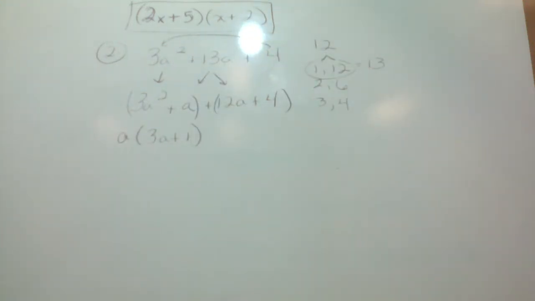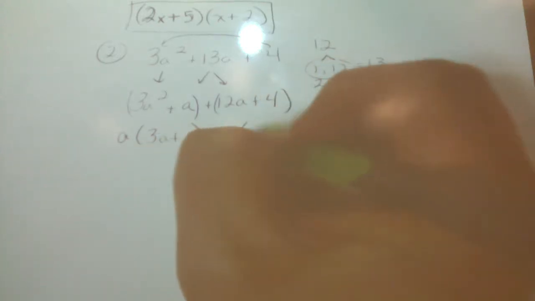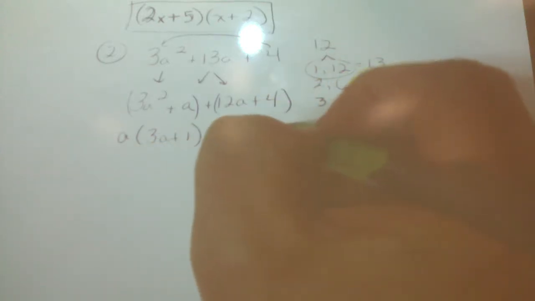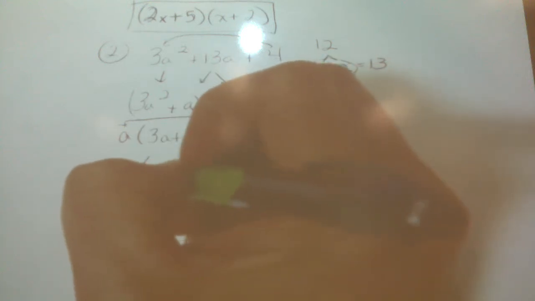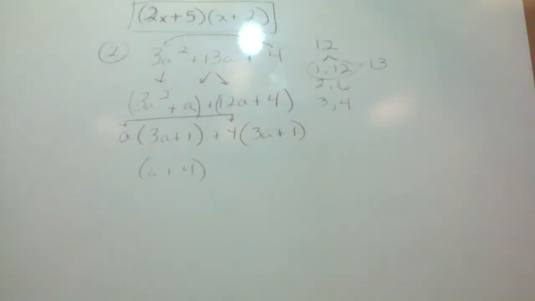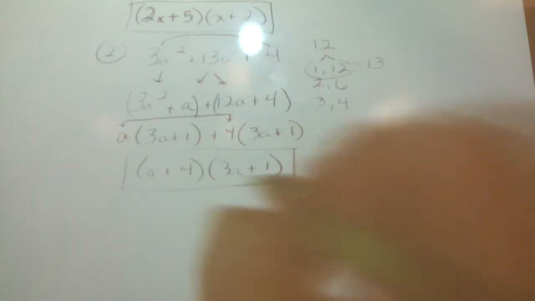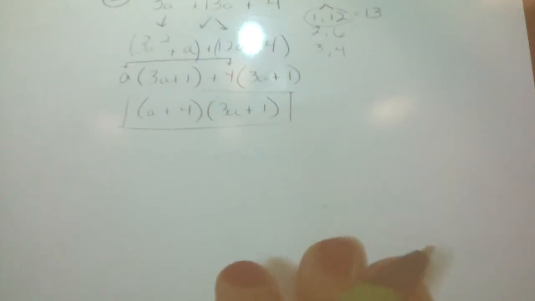I'm left with 3a plus 1. My second parentheses, I can take out a 4. 12 divided by 4 is 3, so that's 3a plus 4 divided by 4 is 1. I'm going to group what's on the outside together. So I've got a plus 4 times 3a plus 1.